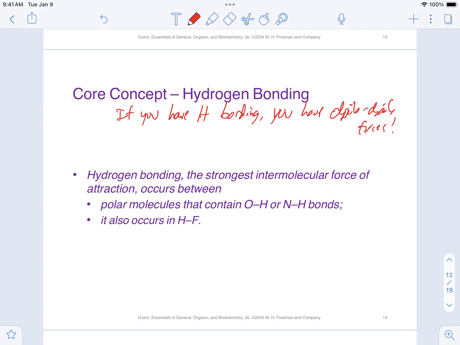So you would not even have to check for polarity within a molecule if you have hydrogen bonding. I would check hydrogen bonding first. Everything has LDF, so you don't have to think about that. Hydrogen bonding, very easy. Just look for an O, F, or N bonded to an H. If you don't have hydrogen bonding, then you have to work a little bit and see if the molecule is polar or nonpolar.